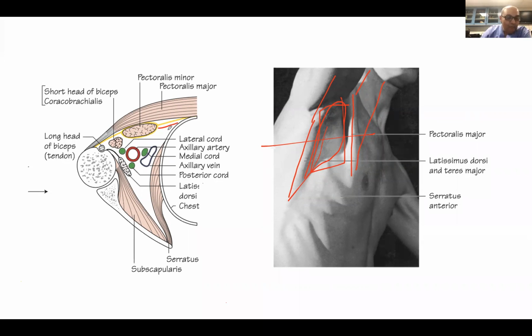Perfect. So Momo Ari has come up with the right answer, and the right answer is clavipectoral fascia, and that's a very specific name. Momo, will you like to tell me what structures pierce this clavipectoral fascia? No. This muscle is attached to the clavicle.